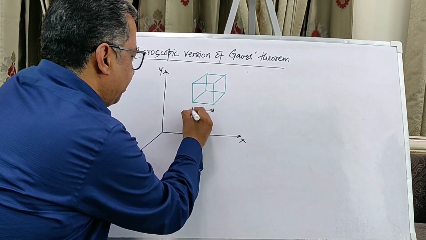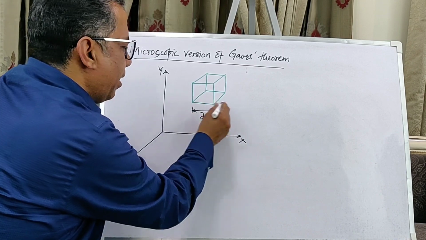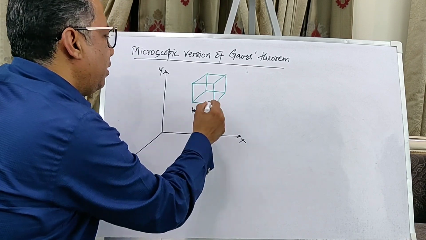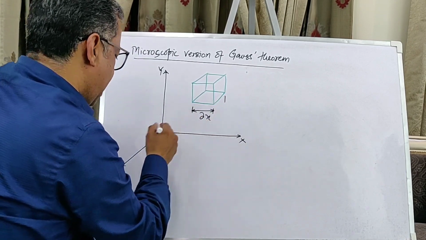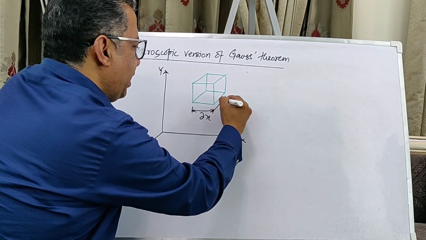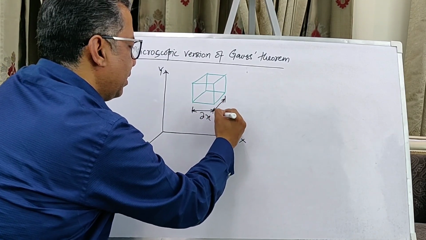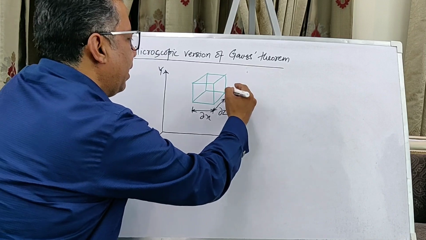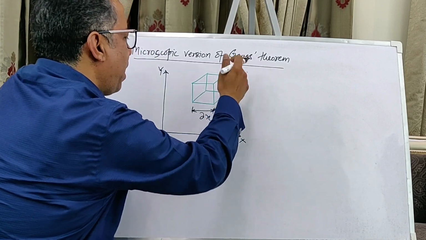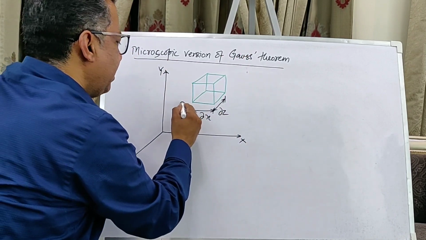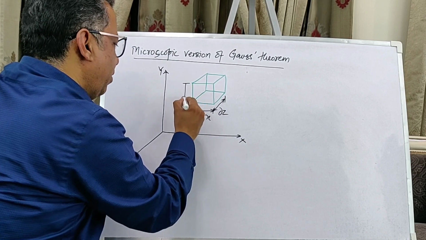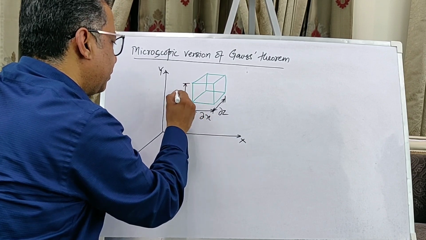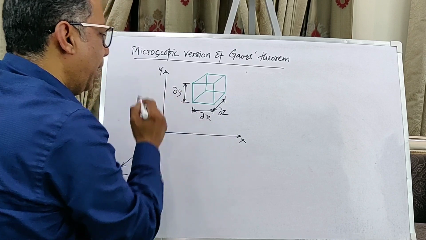This here is del x, the length parallel to x-axis. The length parallel to the z-axis is del z, and the length parallel to the y-axis, this length here, we'll call it del y.